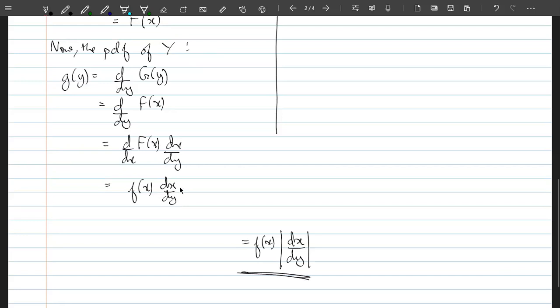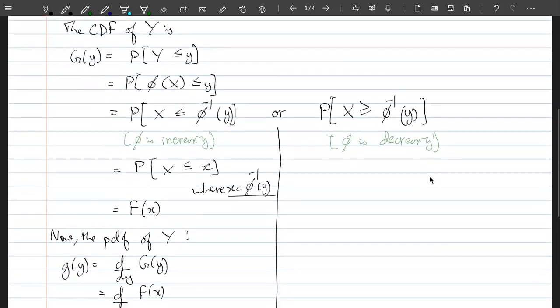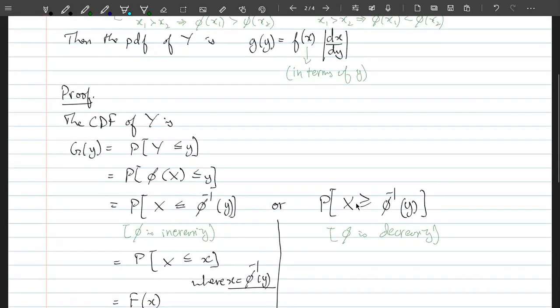Okay. Now I'm writing this here because in the other case we get the same thing. So you can probably guess what is going to happen. Over there we'll get minus dx/dy in the same place. Okay. Now, why is this inequality inverted here? So consider the case of a decreasing function. A typical decreasing function would be, say, y equal to 2 minus 3x.